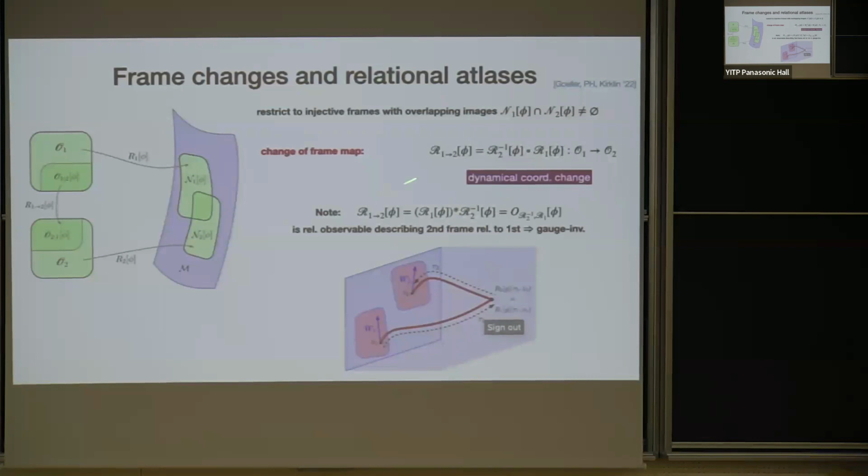So this dynamical coordinate change map is nothing else than the relational observable that describes the second frame relative to the first, or vice versa. So again, the transformation law consists of gauge invariant relational observables, just like in the special relativity case.